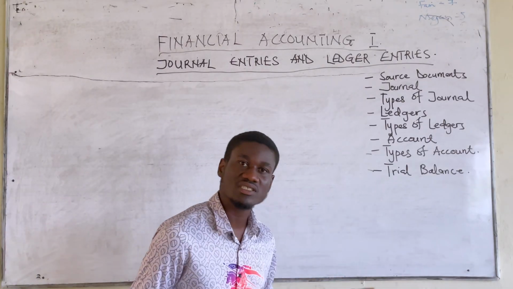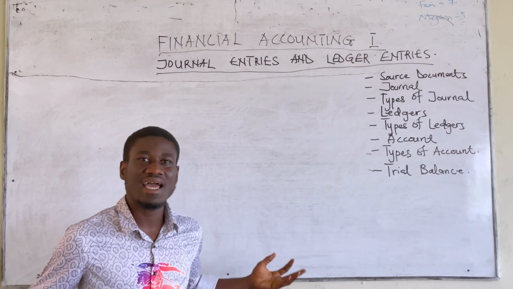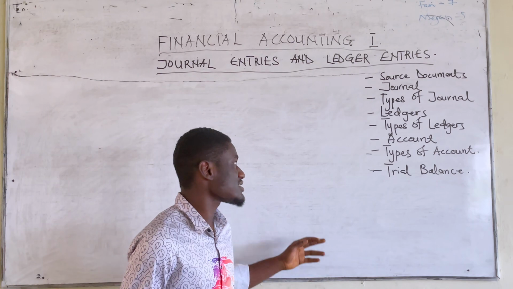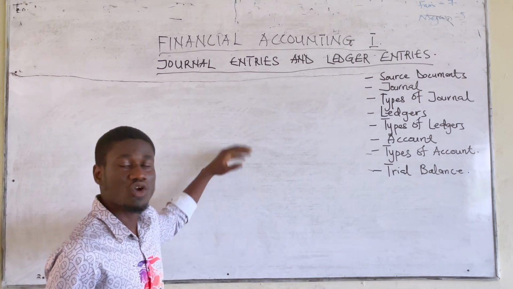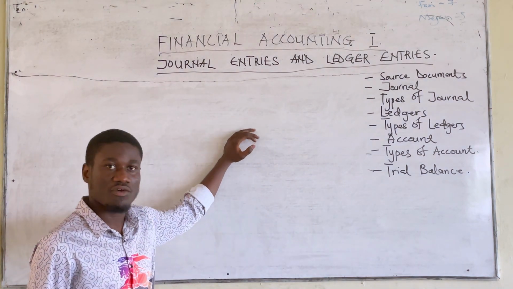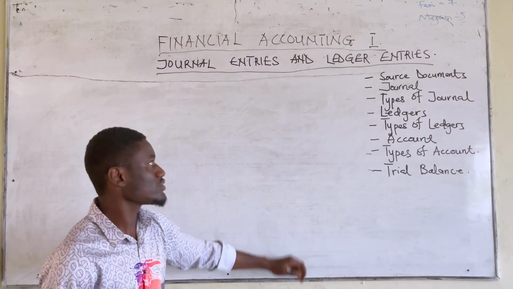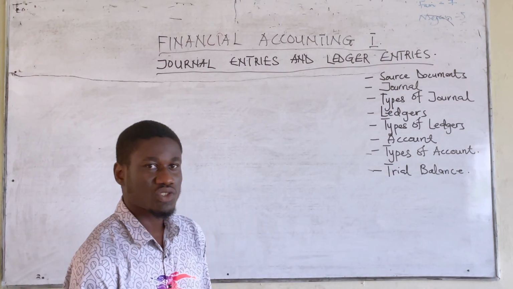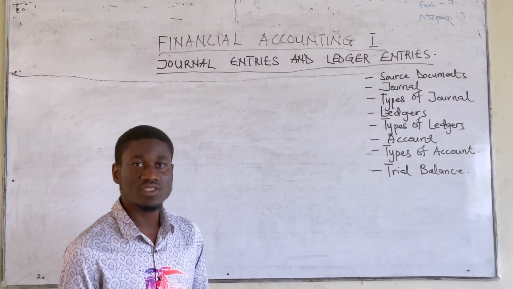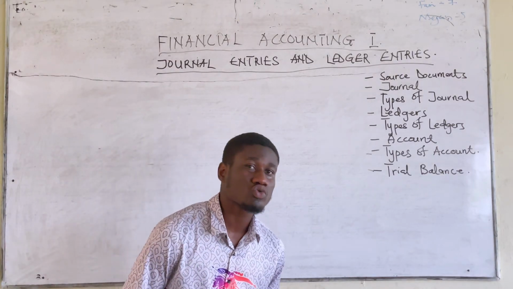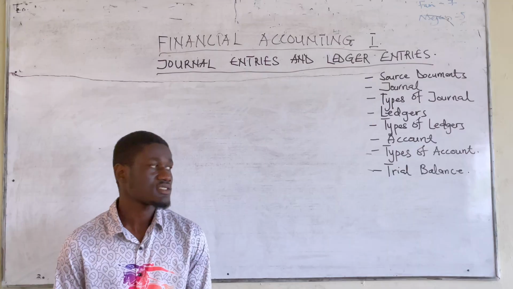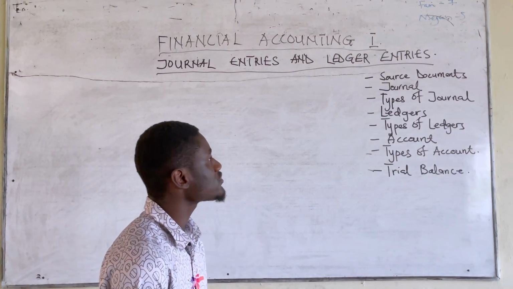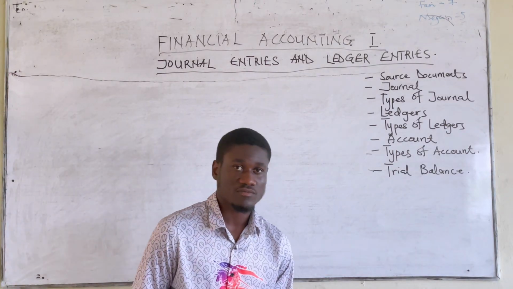So the general journal is used to record any other item or unusual transactions that are not recorded in any of the journals I already mentioned. You get it? So the journal is used to show the opening entries, it's used to show the closing entries. It's also used to correct errors. You get it? Good. So we move to the ledgers.